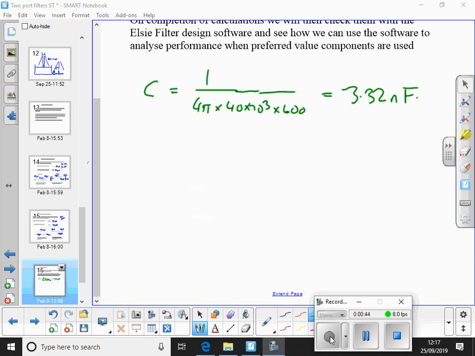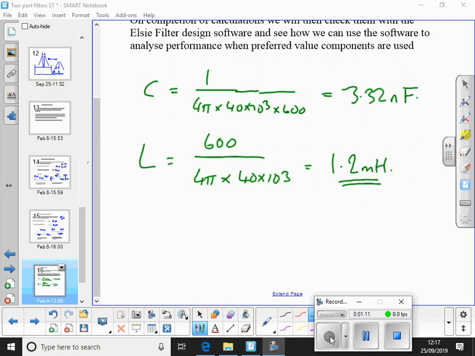And L is Z0, so that's 600. And that is, let's go, 1.2 milliamps.